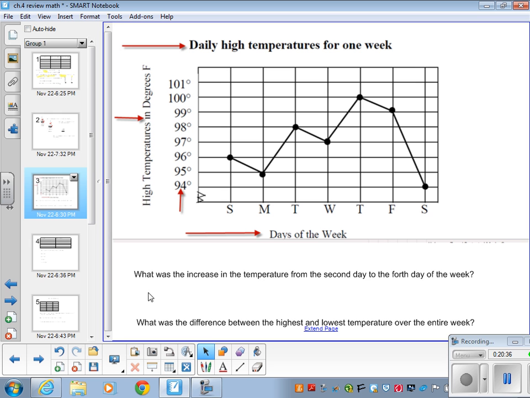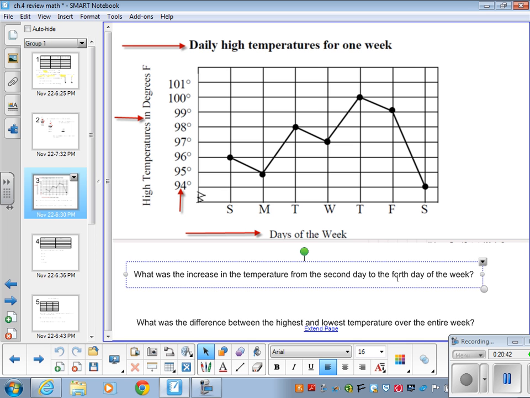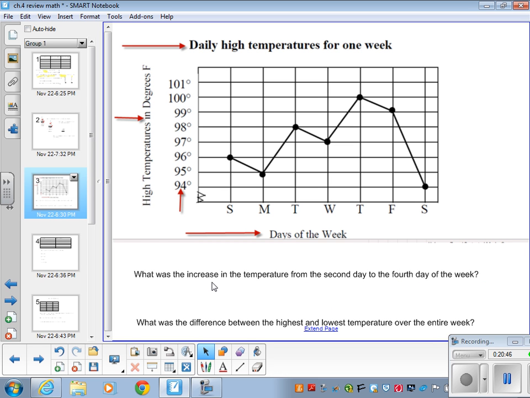First question, what was the increase in the temperature from the second to the fourth day of the week? Well, I need to underline second day, that's important to know, fourth day, and increase. What does increase mean?